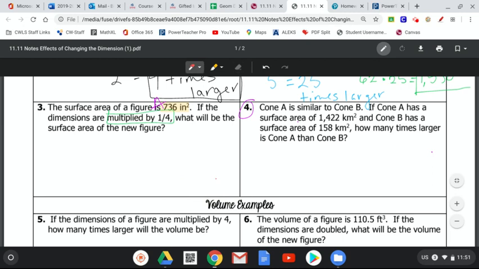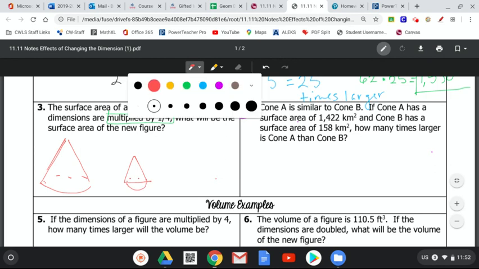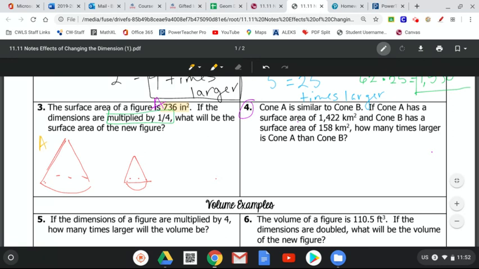We have these two cones, okay? So we have cone A, and then we have cone B. So this is cone A, and this is cone B. We have their surface areas, and we're saying how many times larger is cone A than cone B?